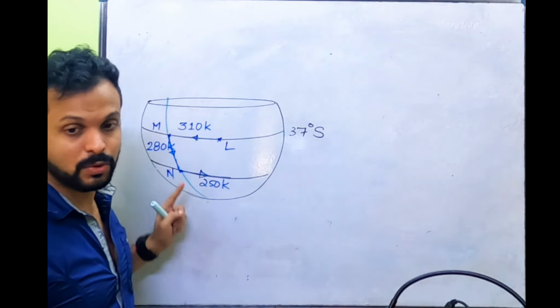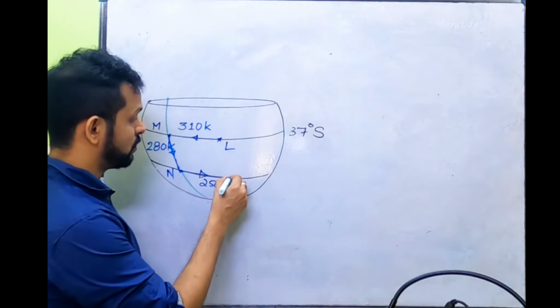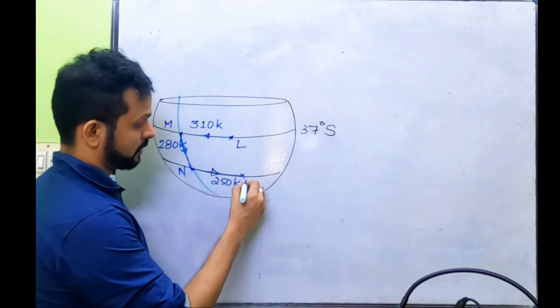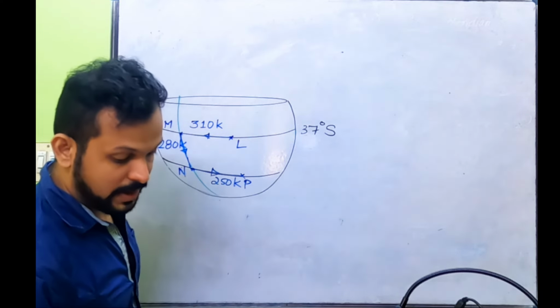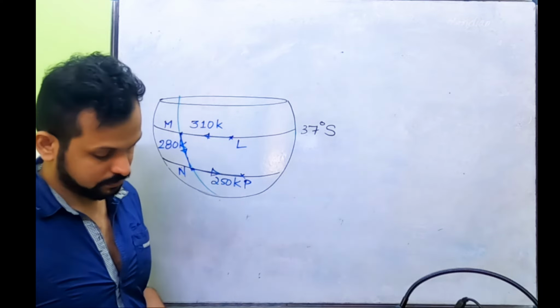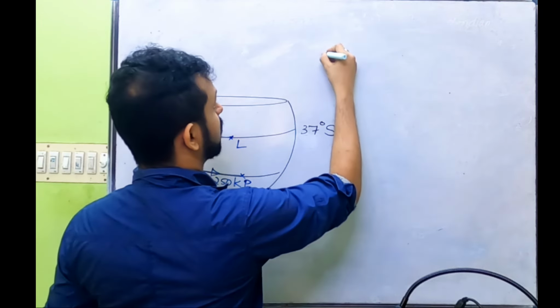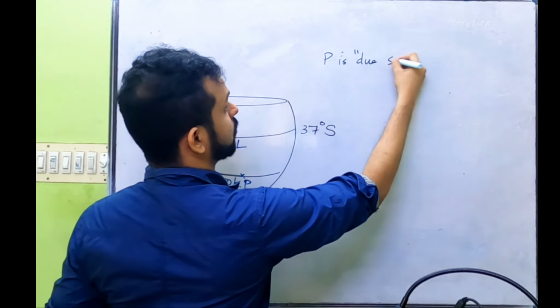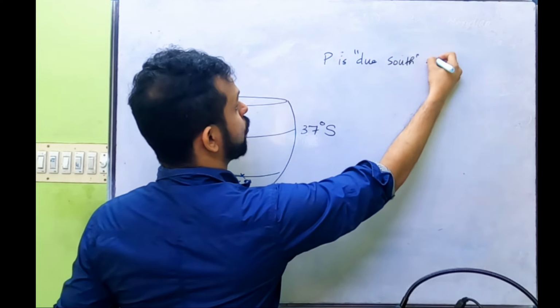You can see the ground speed is progressively decreasing, and this will take you to the point P. Perfect. Now, what is the question? P is due south of L. Now, what is the meaning of that? Let's write that down here. P is due south of L.